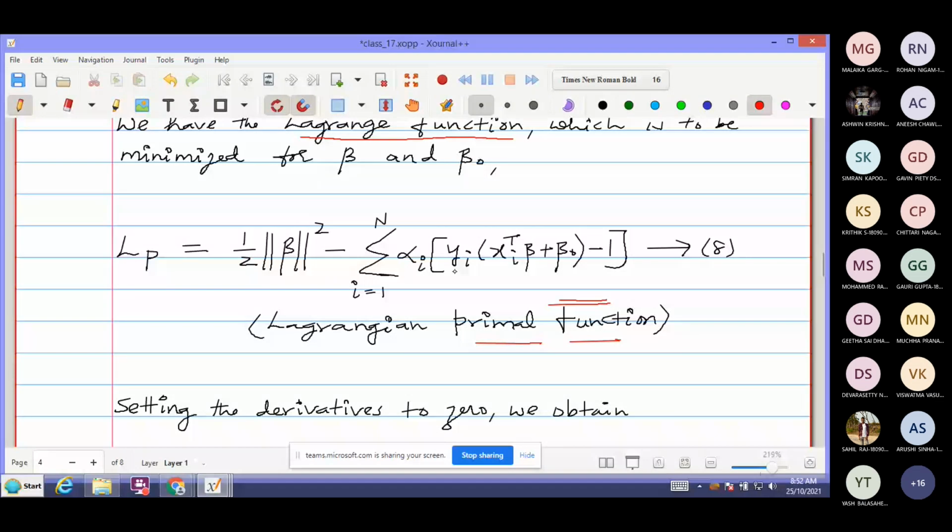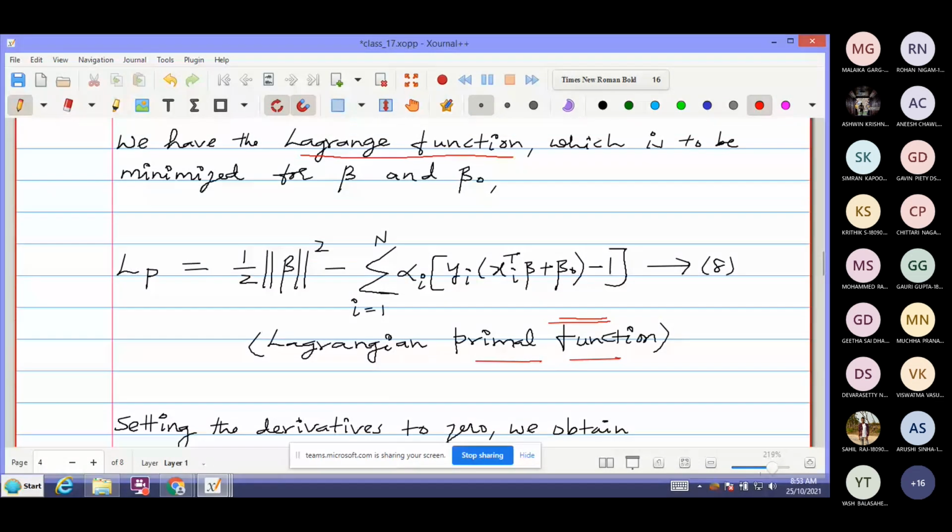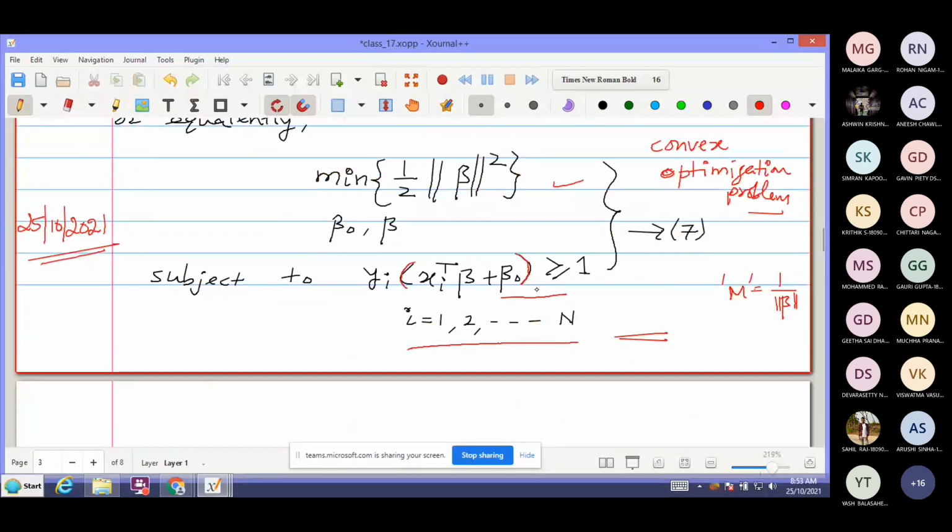There is a term alpha i introduced now, it's a constant. This particular term, yi into xi transpose beta plus beta 0 minus 1, is essentially the same constraint that we have written in equation 7. When you write yi into this term, minus 1 is greater than or equal to 0.